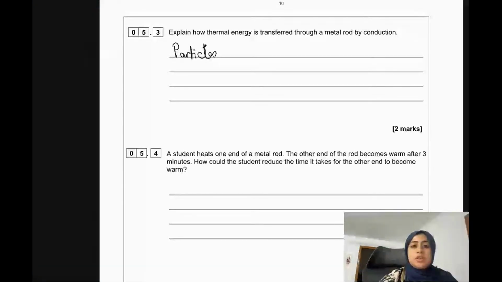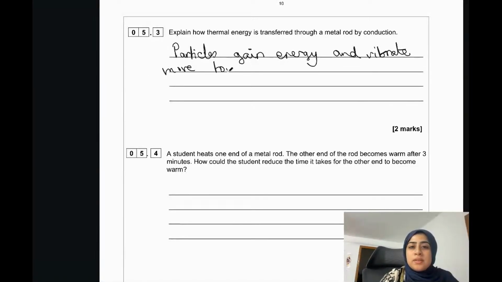So this is conduction now. Particles gain energy and vibrate more towards the heated end. Okay? And then energy is passed between the collisions.